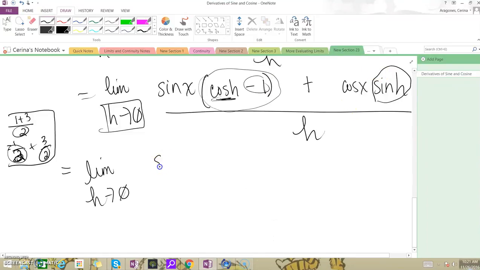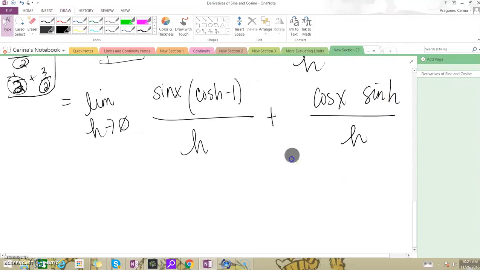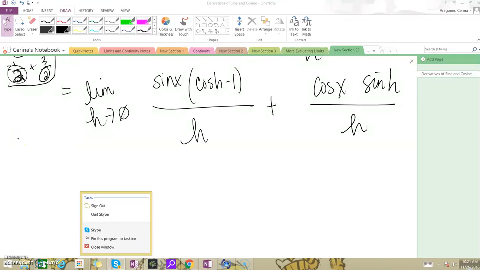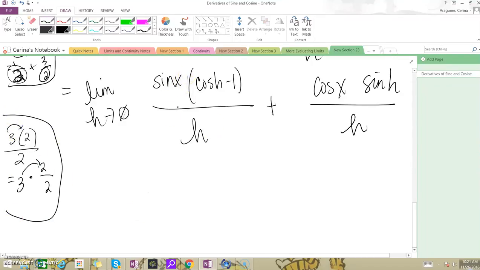I can put this as sine x times cosine h minus 1 all over h plus cosine x times sine h over h. I also know that if I have something like 3 times 2 over 2, this is the same as 3 times 2 over 2 because I'm just multiplying to the numerator. Okay, so I'm going to put that on the side again. So I can split these up right here.